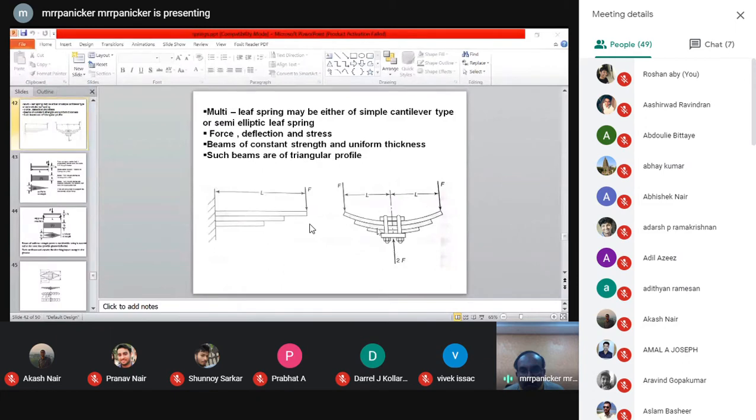Approximately, it may look like this. In that figure, the load is given as 2F. If it is 2F here, then it is F and F.